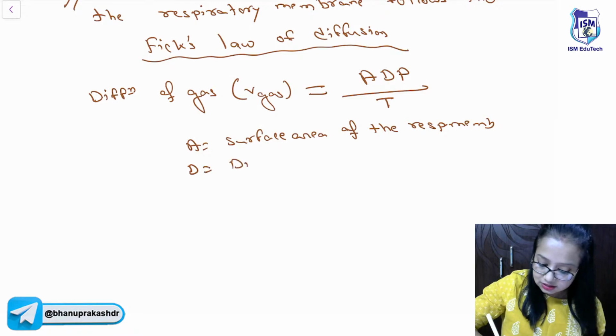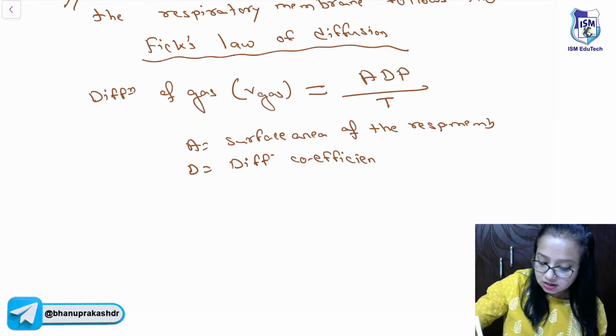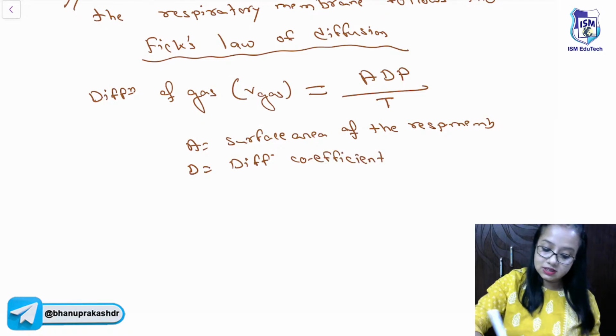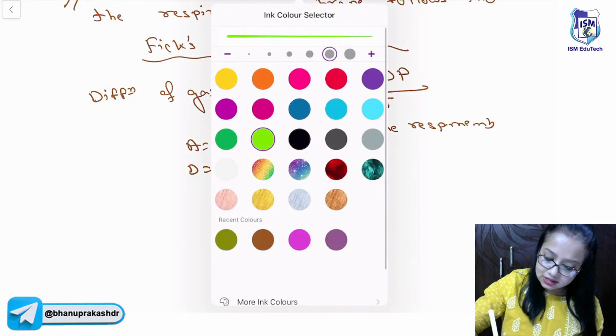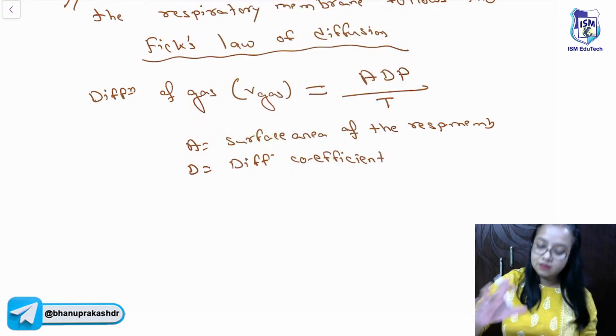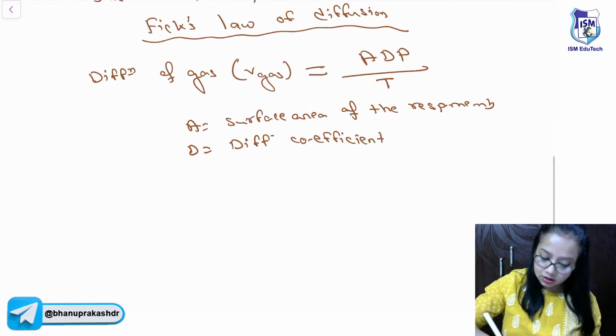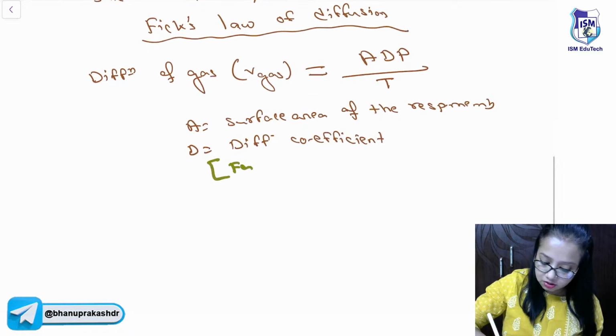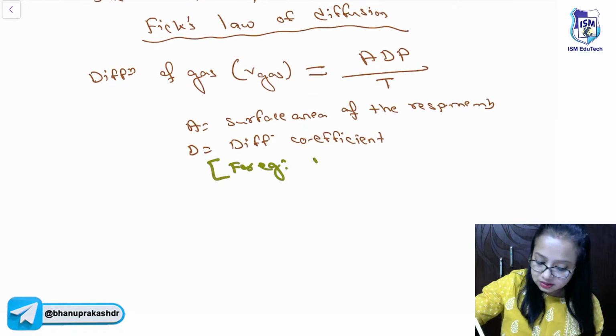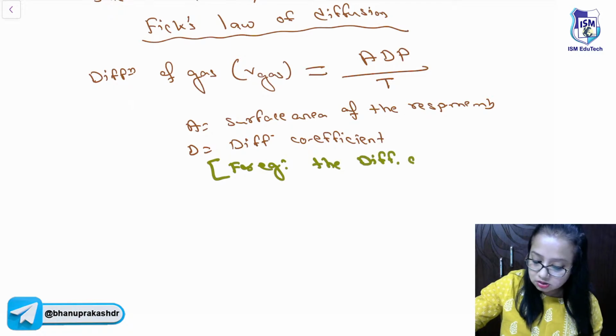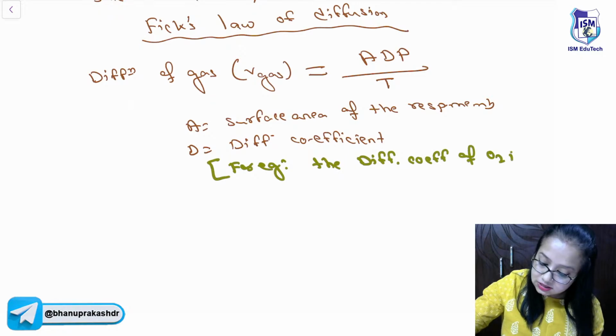Second is the diffusion coefficient. Now, the diffusion coefficient is a calculated, standard value that we already have. For example, the diffusion coefficient of oxygen is 1.